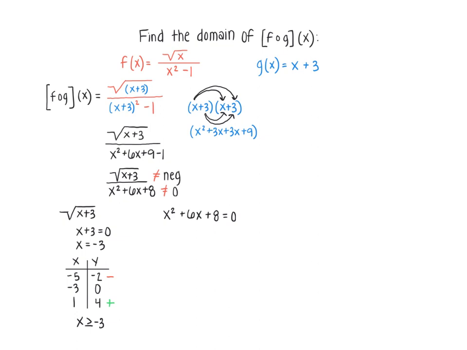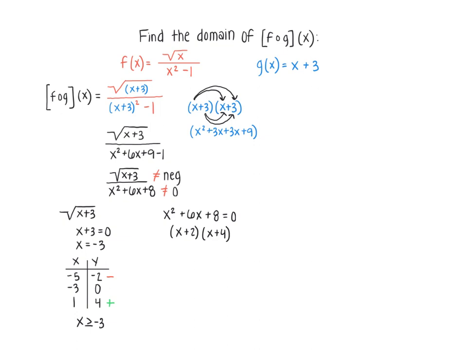And remember, you need to find two numbers that are going to multiply to give you 8 and add to give you 6. So I know if I multiply 2 by 4, I get 8. And if I add 2 and 4 together, I get 6. So those are my factors. x plus 2, x plus 4.